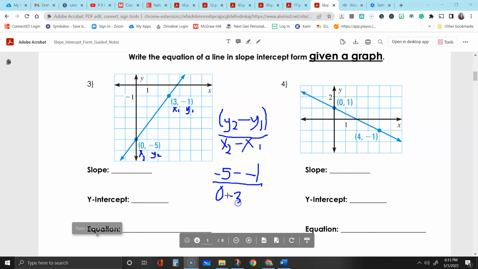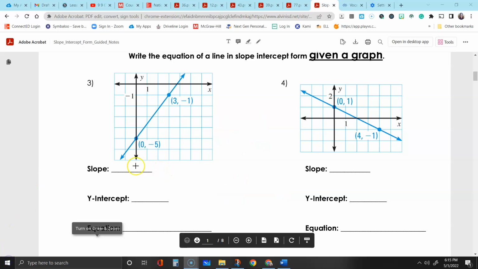Okay, so -5 minus a -1, remember that turns to plus. -5 plus 1 would be -4, divided by 0 minus 3 is -3. So we have -4 over -3.